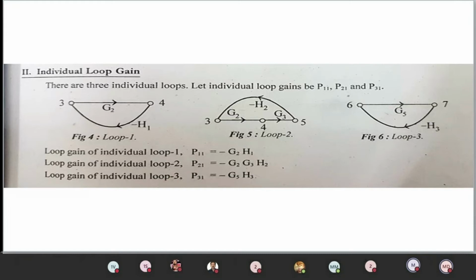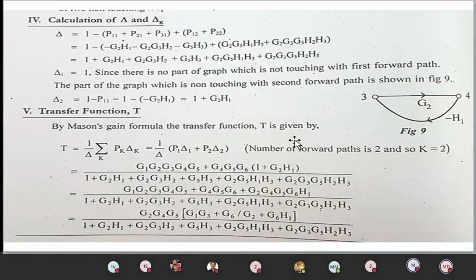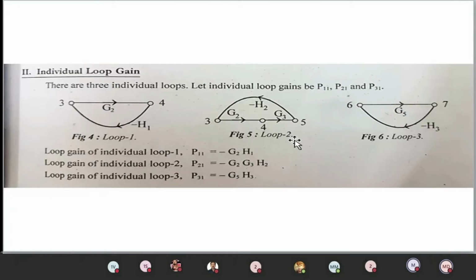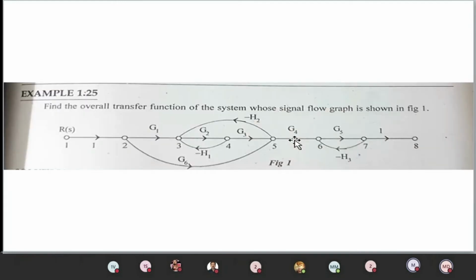Okay. Kindly understand that individual loops are those which start at one particular node and end at the same node, and can travel through other nodes by touching them only once. Right? Okay. Now students, you have to check from the question whether you have any non-touching loops, that is, the product of non-touching loops.